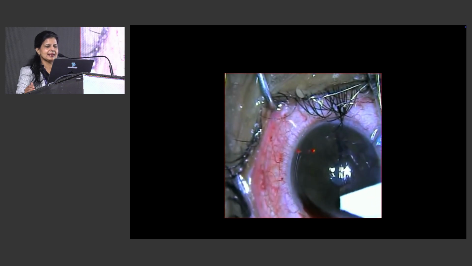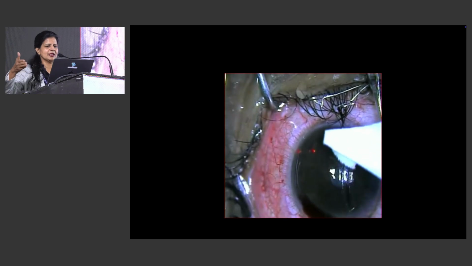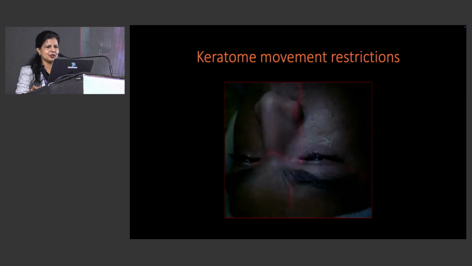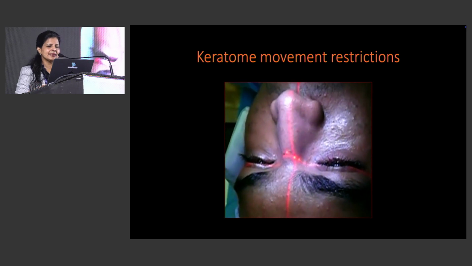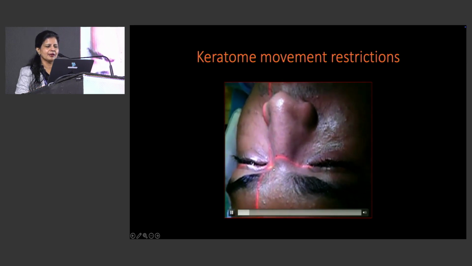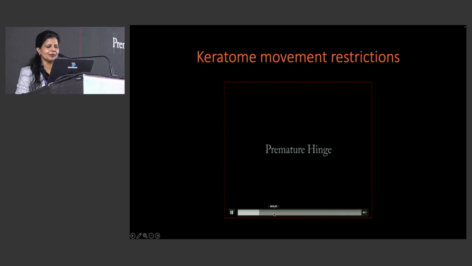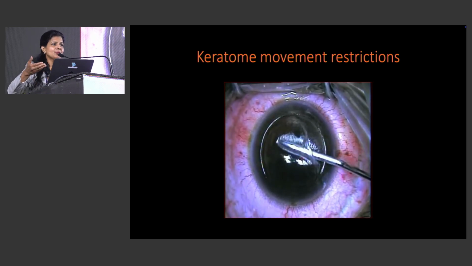You have a smaller portion there and a larger portion on the other side, and then this cut that passes through approximately 1/3 of the flap. So once it heals, you'll see there that there is a small scar. If it's in the visual axis, it would be extremely disturbing to the patient. Now, in small eyes, especially when you have very contracted sockets and the patients are not able to open their eyes much, the keratome may stop midway.